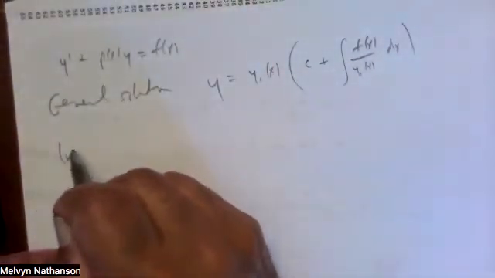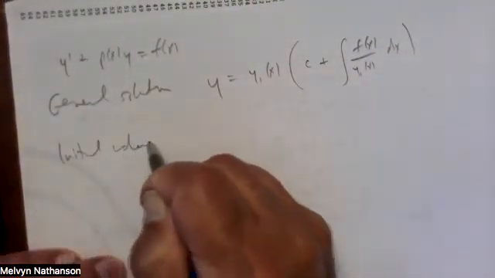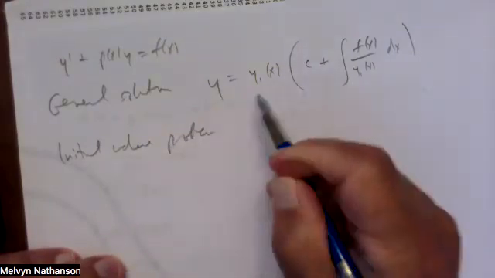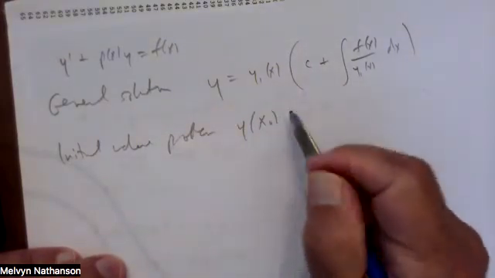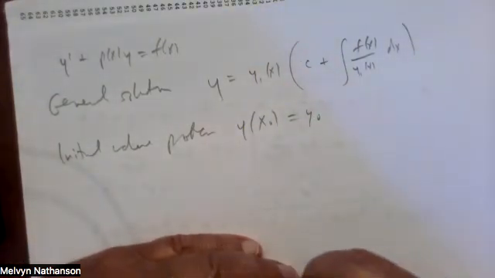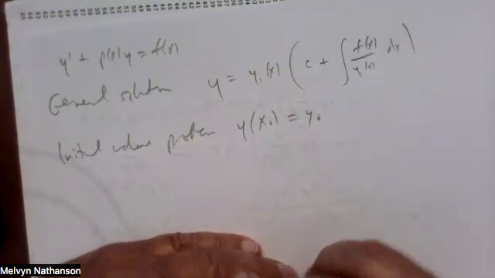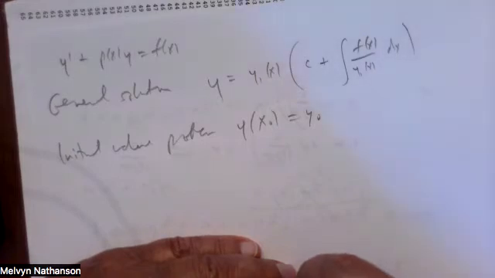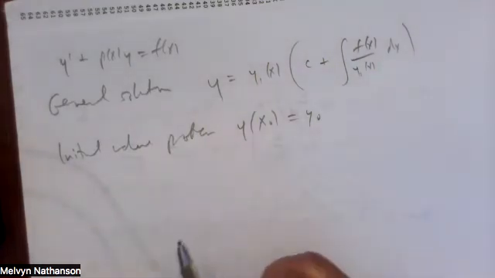And suppose we have the initial value problem. We want y at some value x naught to be equal to y naught. This simply gives you an equation that you just have to solve for c.